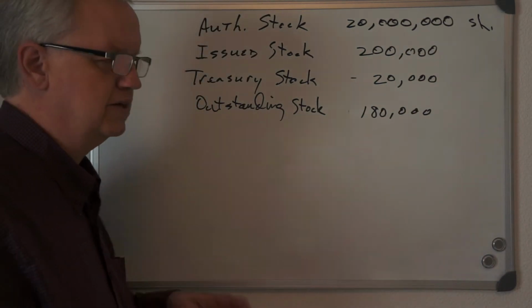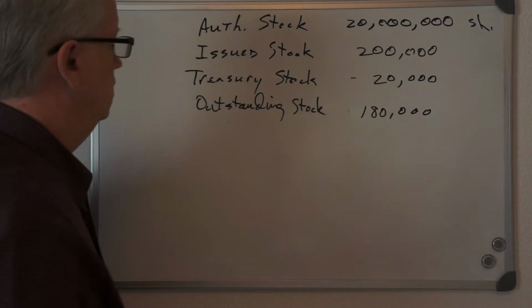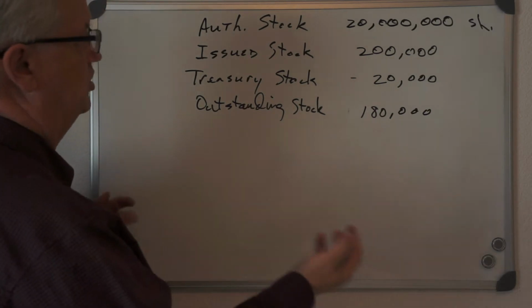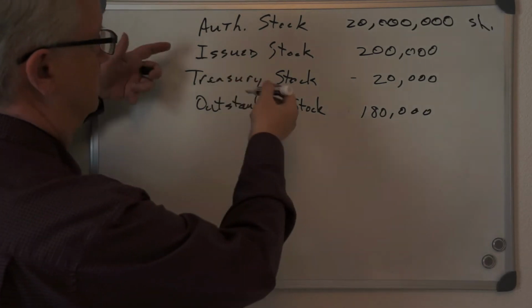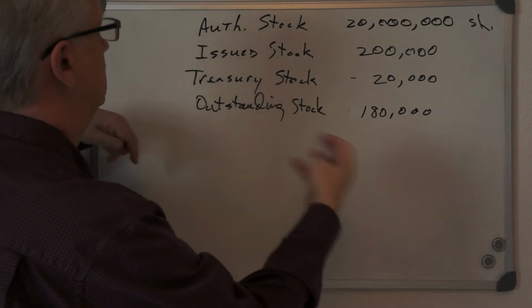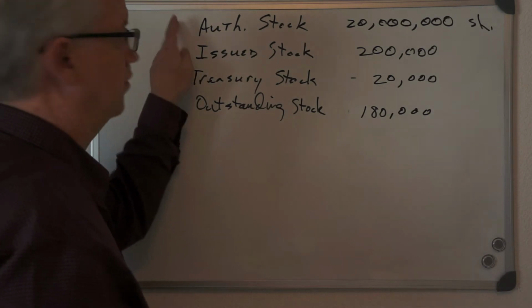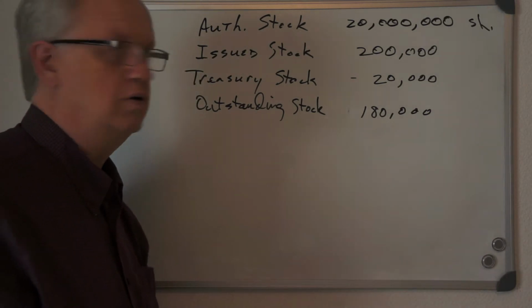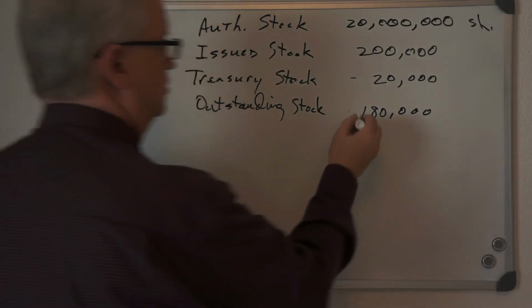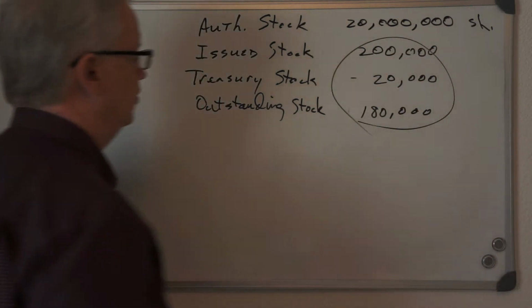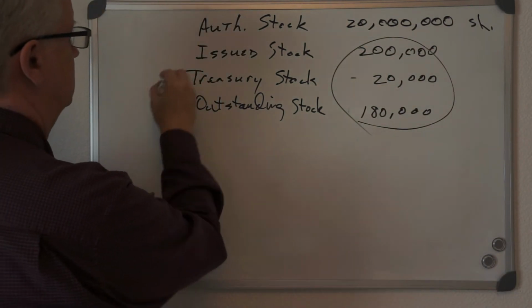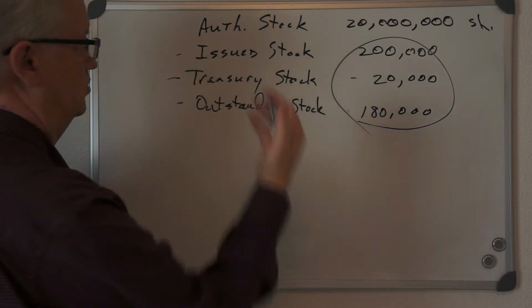This is simple math. Get that out of the way. If the question is, 200,000 shares were issued, 20 million authorized, the authorized stock has nothing to do with it. The calculation they're looking for is right here. They want you to determine the outstanding shares, the treasury, or the issued, who knows.